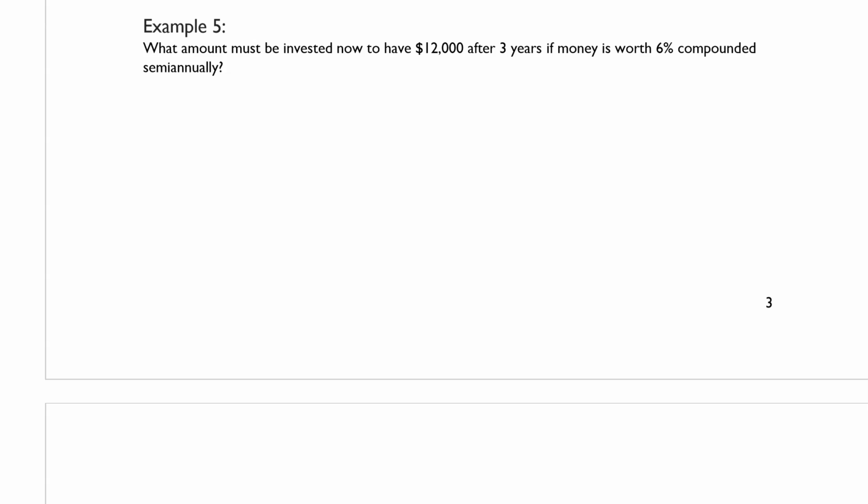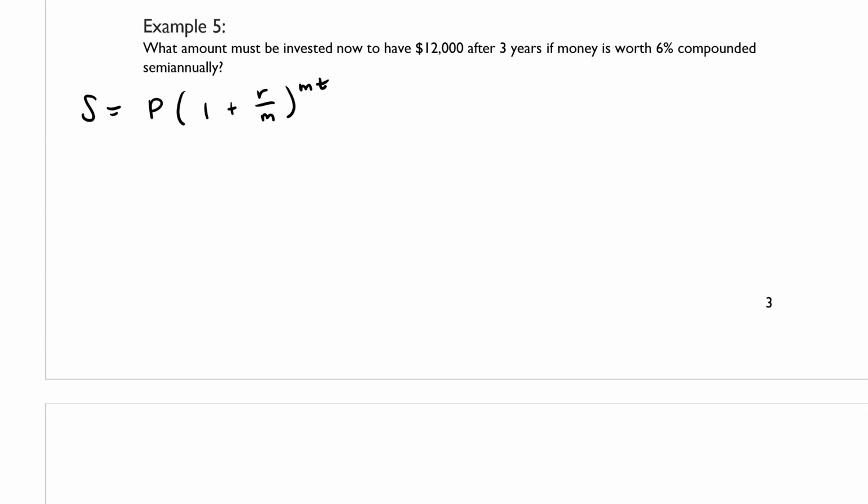Example 5 says, what amount must be invested now to have $12,000 after 3 years if money is worth 6% compounded semi-annually? So really quickly, I just want to rewrite the formula, and let's plug in the values that we know.